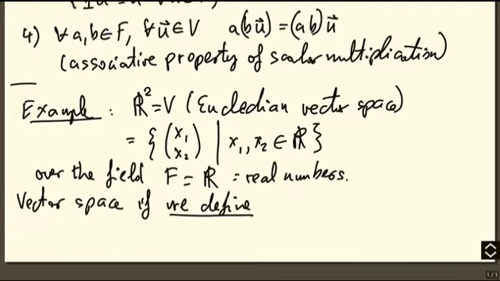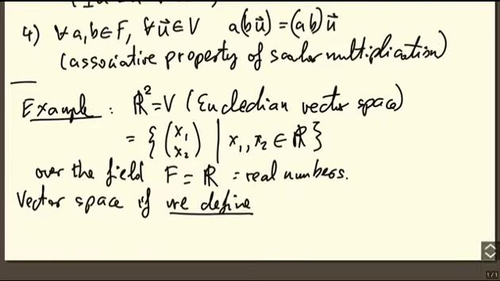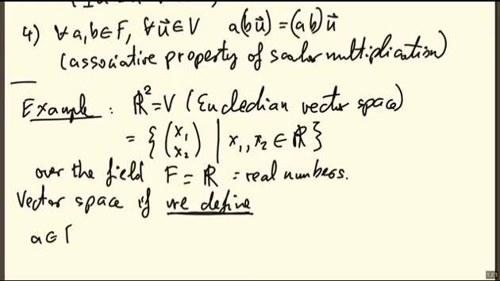Okay, so you might say that, oh, again, this is trivial, something you saw even in high school maybe, but let me remind you that this is a definition, the way we define vector spaces. So we define scalar multiplication, for example, we have a from the field, which is again just real numbers, and then the vectors, we have these two vectors.